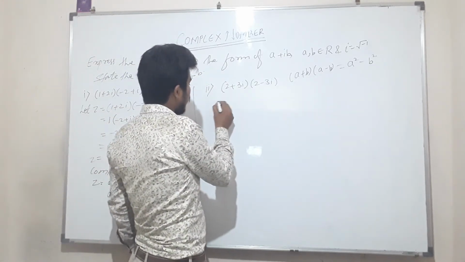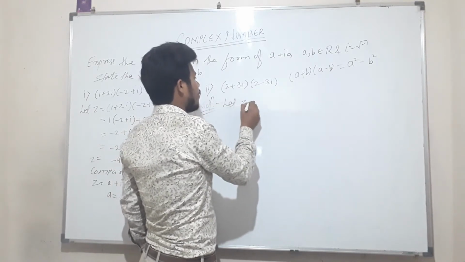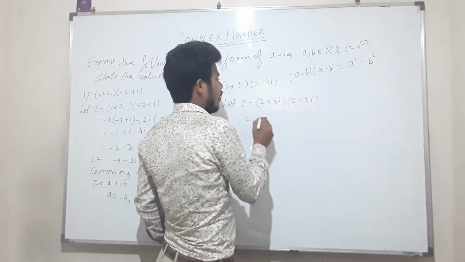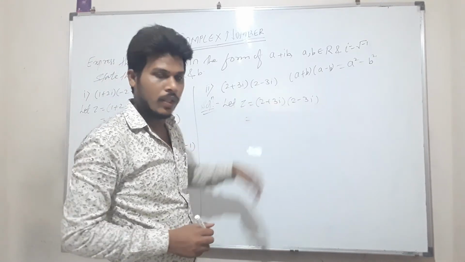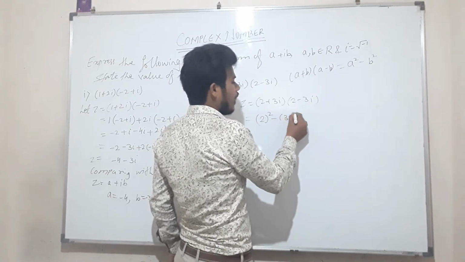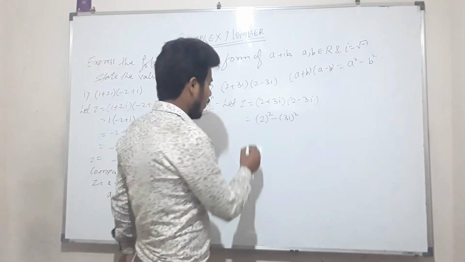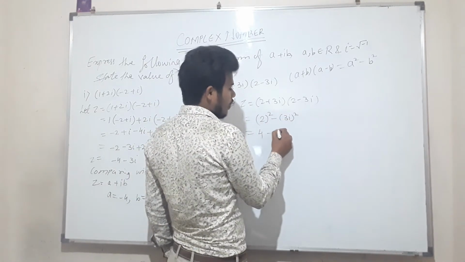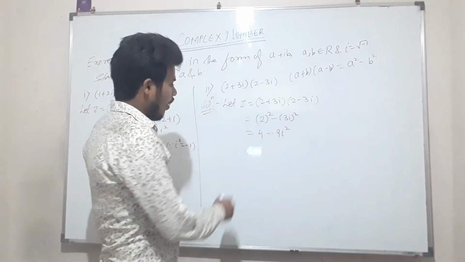So solution, let z is equal to (2 plus 3i)(2 minus 3i). So here the value of a is 2 and the value of b is 3i. So we can write it directly 2 square minus (3i) square. 2 square is nothing but 4, and (3i) square is 3 square, 9, and i square is i square.